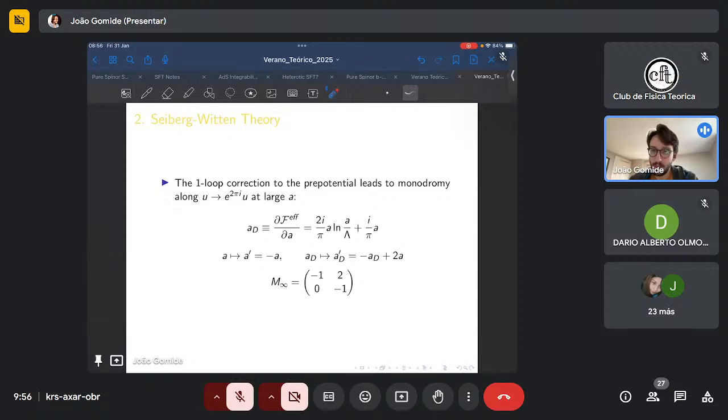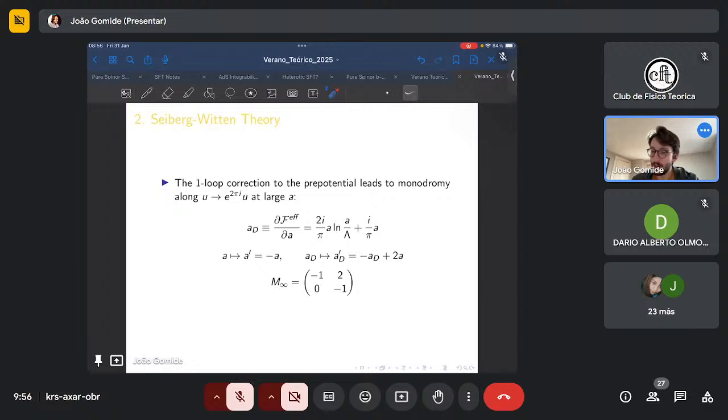The first one is already present at the level of the one loop correction to the prepotential. We see how our coordinates in the auxiliary space transform along a loop of taking u to e^{2πi}u.